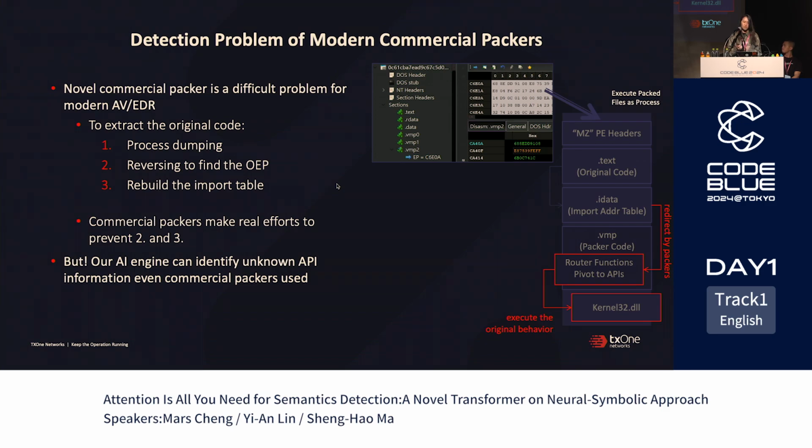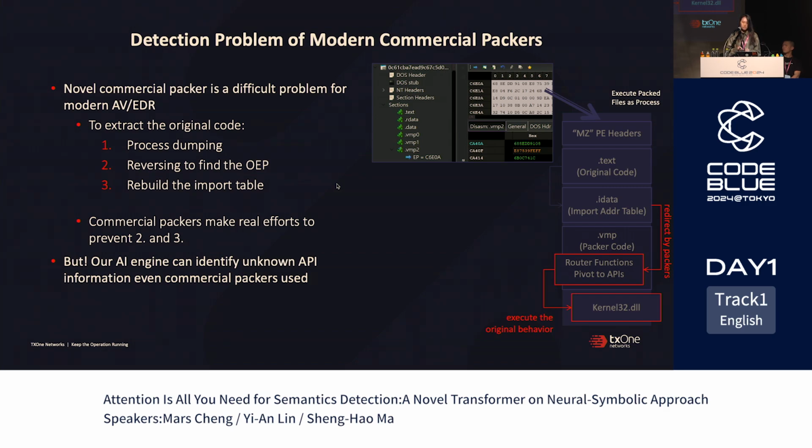The first step is process dumping. This is because even though the original program code is packed, it still needs to decompress into process memory to achieve the memory layout created by the original program's compiler. After dumping the process, the second step is to find the original entry point of the original program.